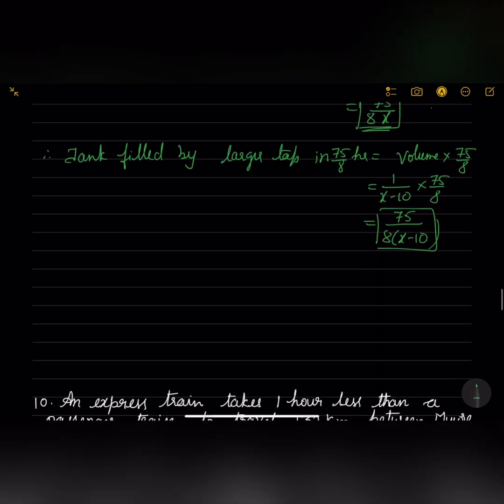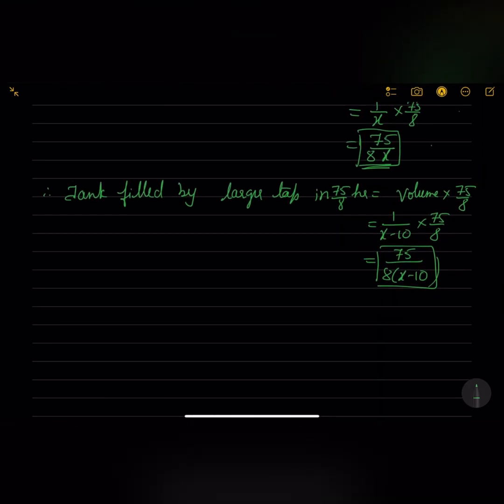Both we need to find, and we are filling a tank, so one tank is equal to the tank filled by the smaller tap, 75 by 8x, plus the tank filled by the larger tap, 75 by 8 into x minus 10.